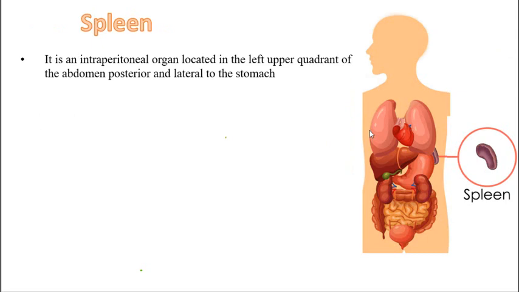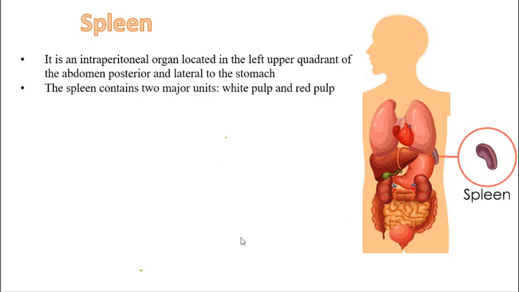Spleen. What is the spleen? It is located posteriorly within the peritoneal cavity, in the upper left quadrant of the abdomen. So if you look at it like this, it's located right over here. If you divide the abdominal cavity into four, it's located in the upper left hand side of it.